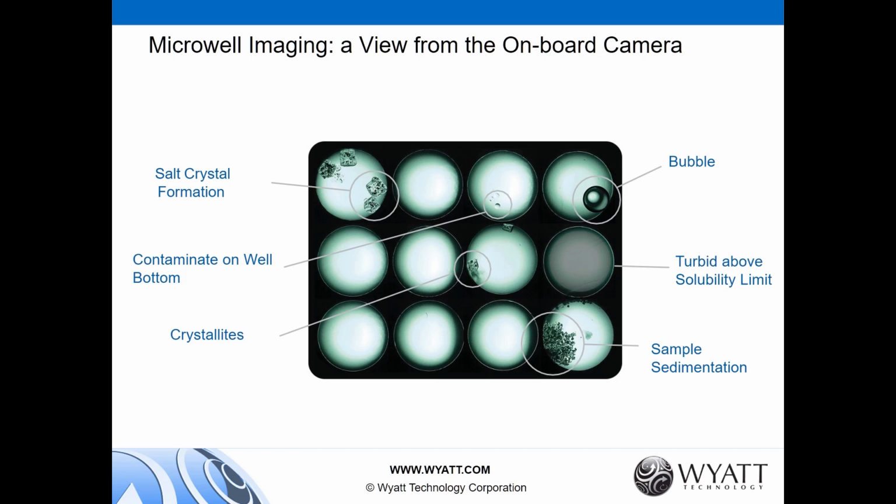These can all be assessed quickly, and the plate reader will take an image of each well as it makes the dynamic light scattering, static light scattering measurements, or you can tell it just to do it periodically in the course of a temperature ramp.